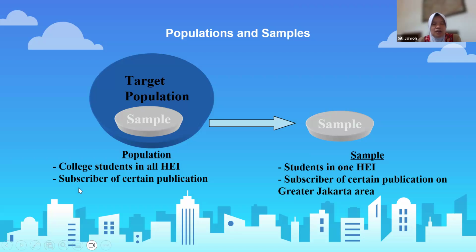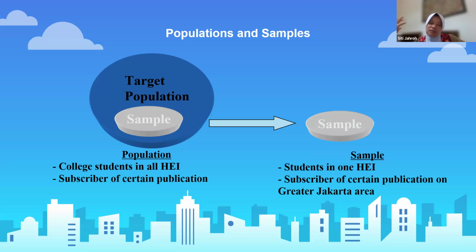For instance, the population is college students in all the higher education institutions. For the sample, maybe I can take some area, the students of higher education institutions there.